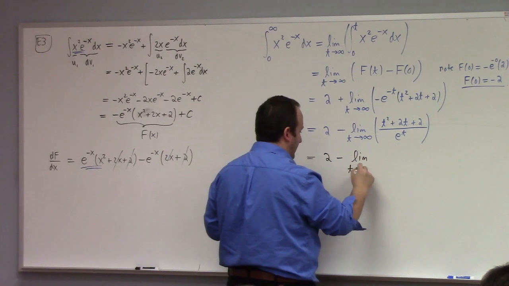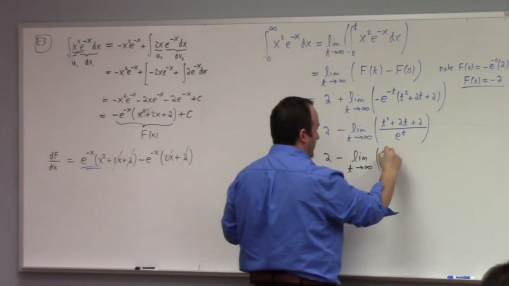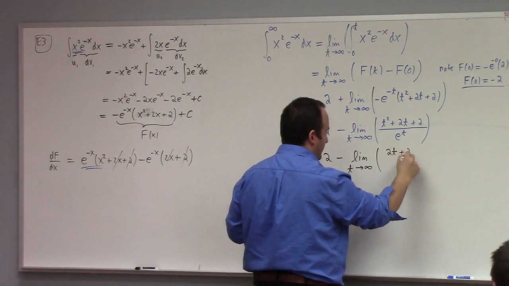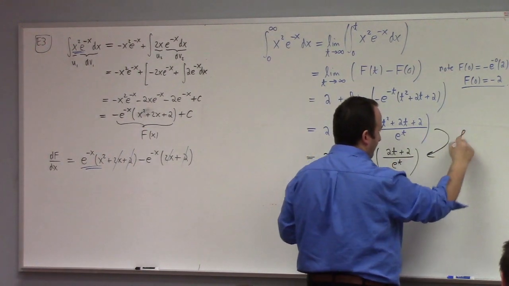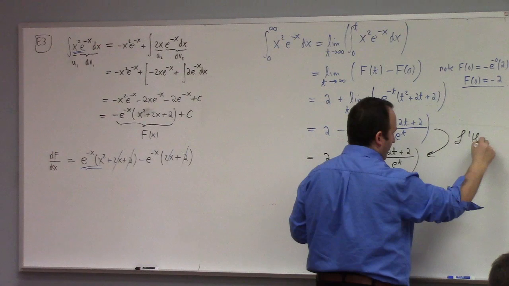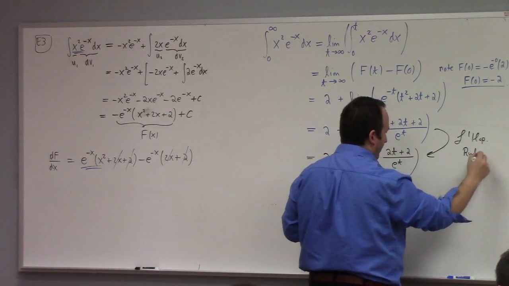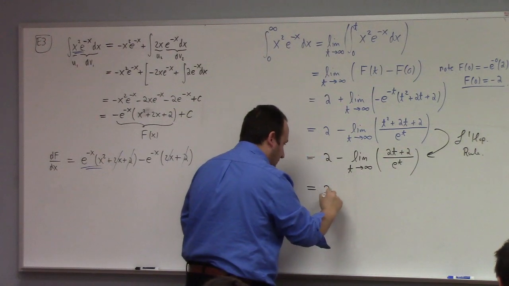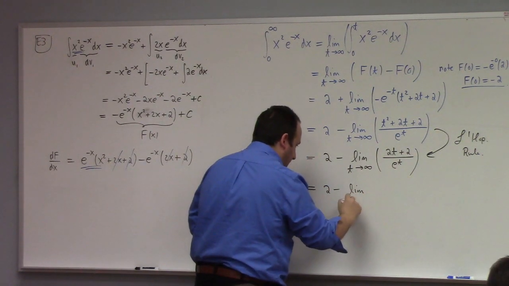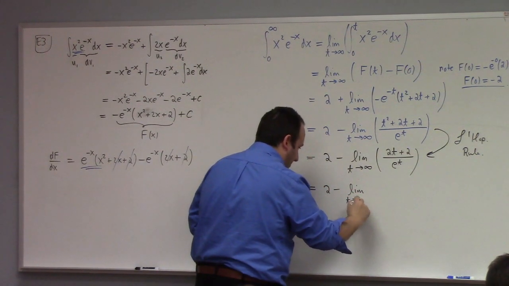And what does that give me? It gives me 2t plus 2 over e to the t, right? L'Hopital's rule. And then, still got infinity over infinity, right?